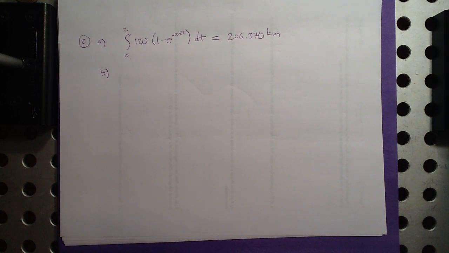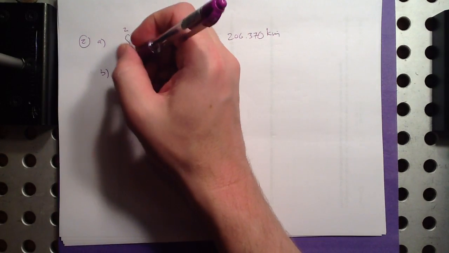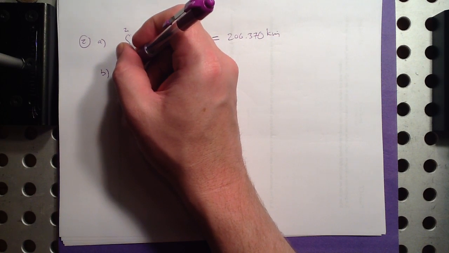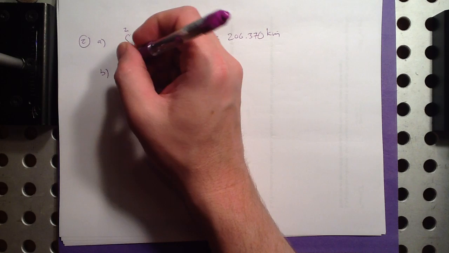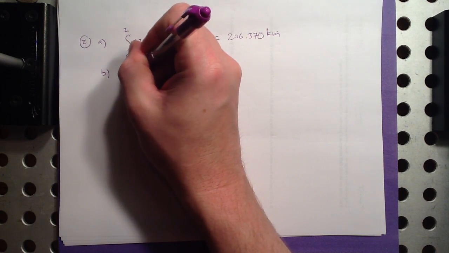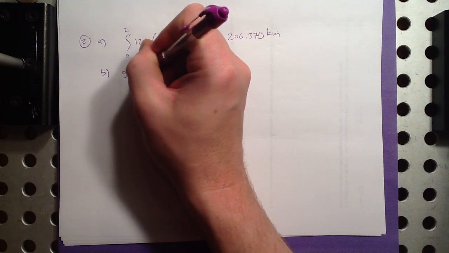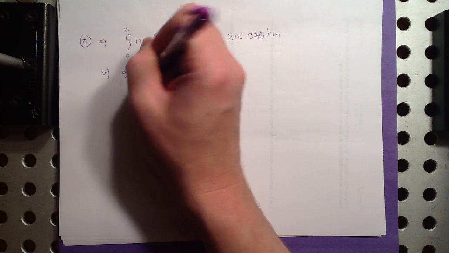Part B, find the rate of change with respect to time of the number of liters of gasoline used by the car when t equals 2 hours, and indicate the units of measure. Well, we want the rate of change with respect to time of the number of liters of gasoline used. So we want gallons per hour.